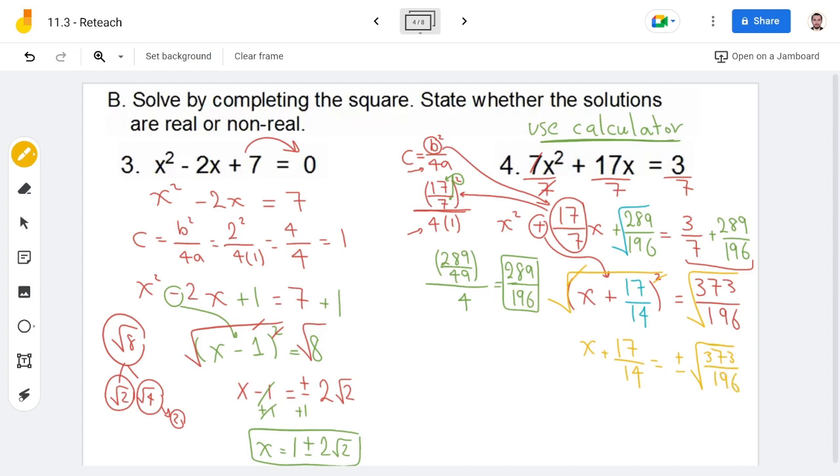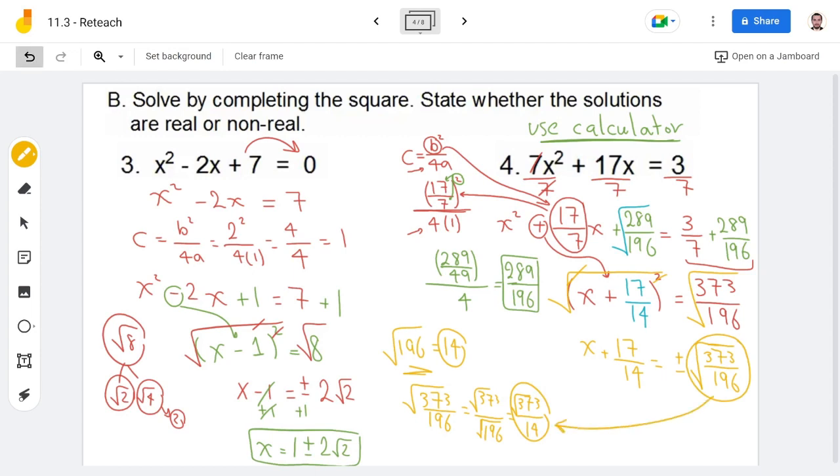I know that the square root of 196 is equal to 14, right? So I can split the square root and write the square root of 373 over the square root of 196, which is equal to the square root of 373 over 14. So I can simplify this part and write it like this.